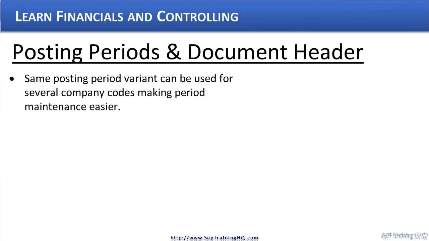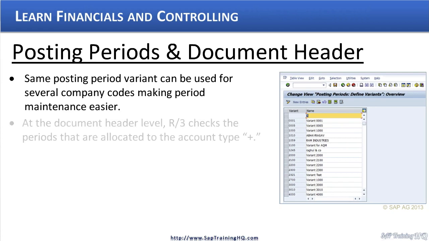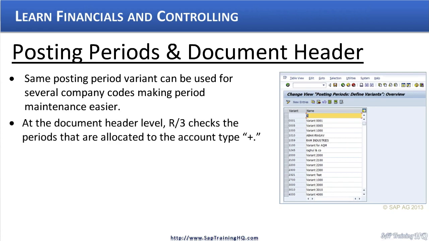You can use the same posting period variant for several company codes. The closing and opening of periods is then done at the same time for all assigned company codes, thus making period maintenance a lot easier. At the document header level, R3 checks the periods that are allocated to the account type plus.